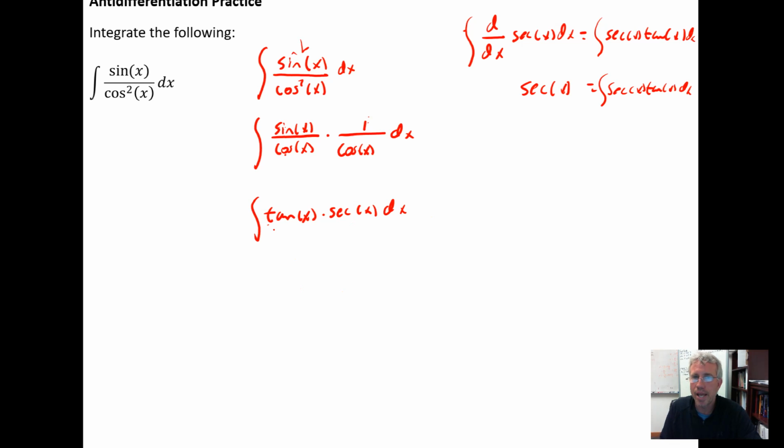So right here, what I have is a derivative of the secant function. So the antiderivative will just be the secant function plus a constant of integration. And clearly, if we differentiate this, we get back the tangent times the secant.